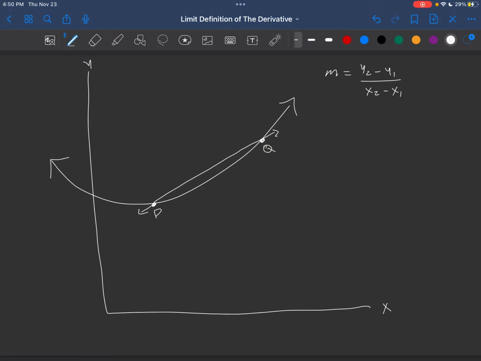So think about this here. One of the two coordinate pairs must correspond to the point P. Then the second coordinate pair must correspond to the point Q. And both of these coordinate pairs must, of course, belong on that secant line. Okay, so if we think about it here, the x coordinate for the coordinate pair that corresponds to point P could be denoted as x.